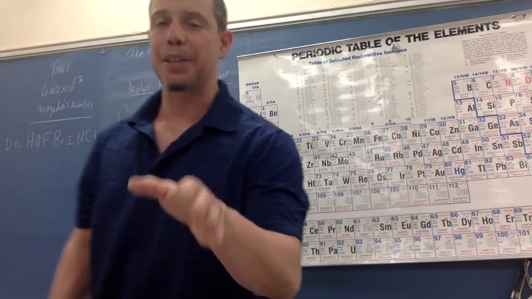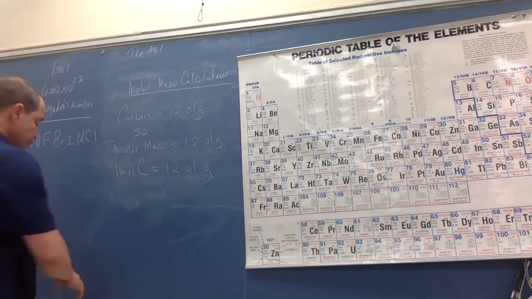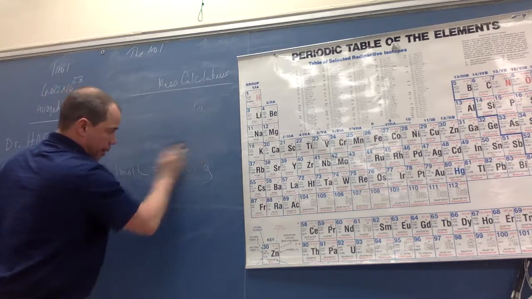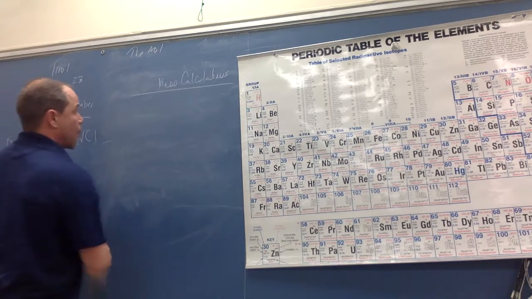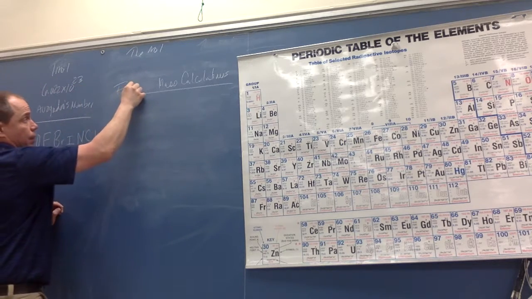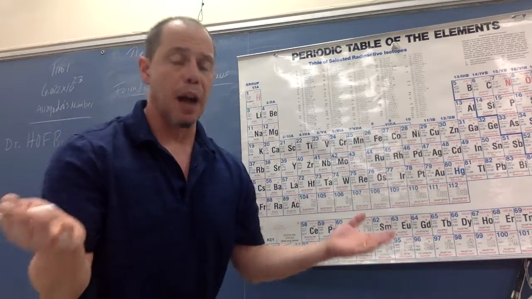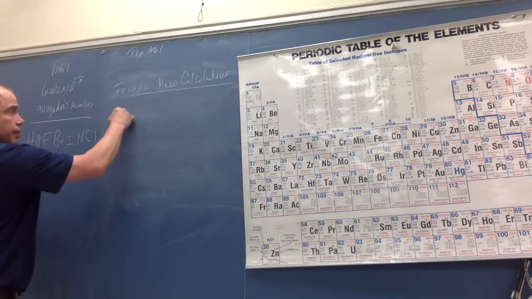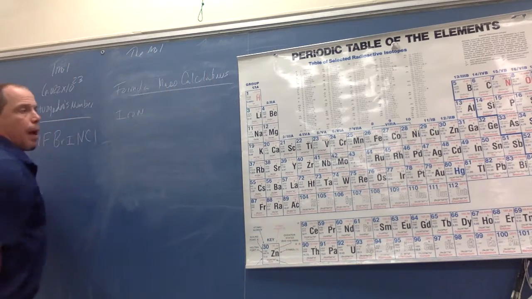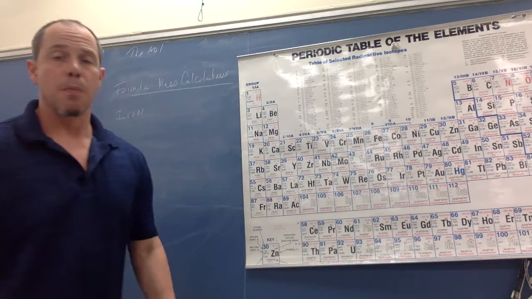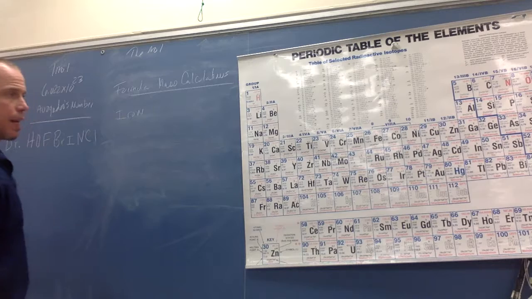Well, you do formula mass exactly the same way. So, formula mass calculation for elements. Notice I haven't talked about compounds yet. Let's take iron. Iron is number 26 on the periodic table. It's got a formula mass of 55.84.